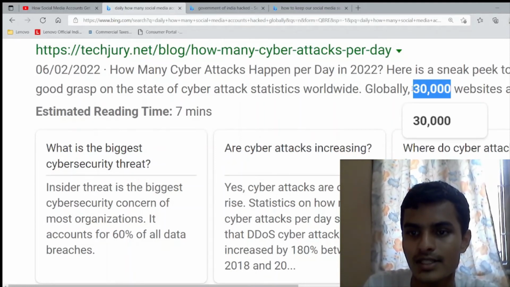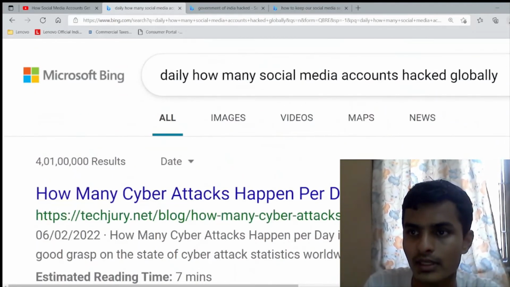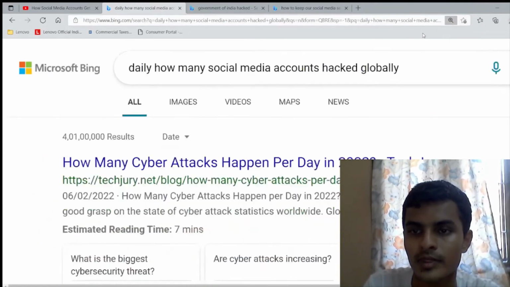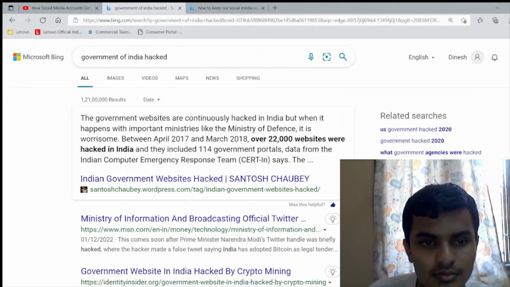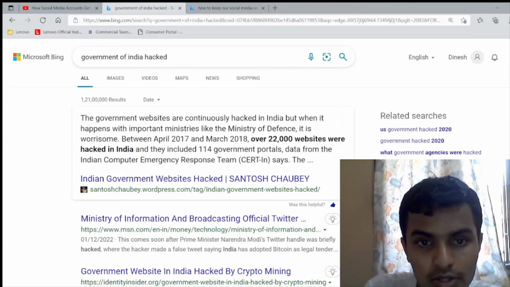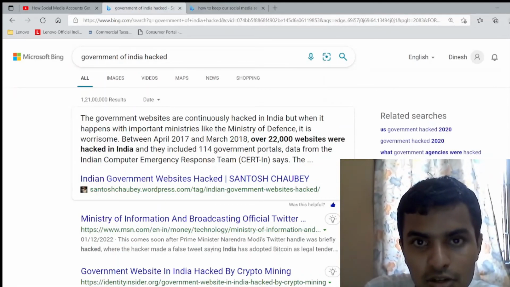See, I am highlighting this. So these were the facts and figures. Government websites are continuously hacked in India, but when it happens with important ministries like the Ministry of Defense, it is worrisome.